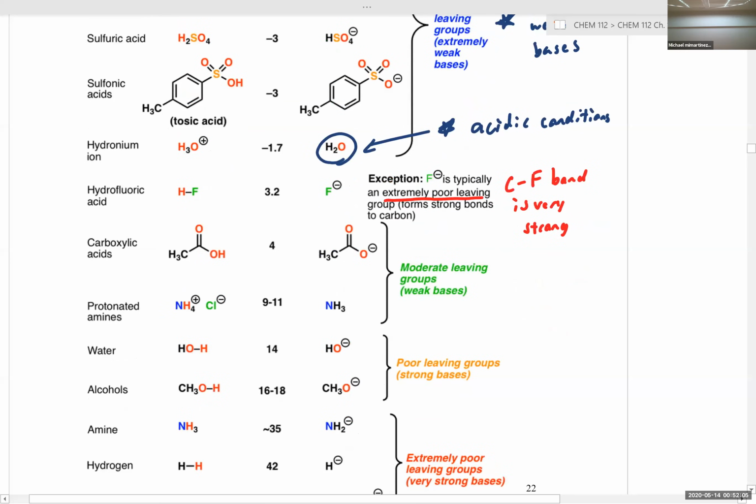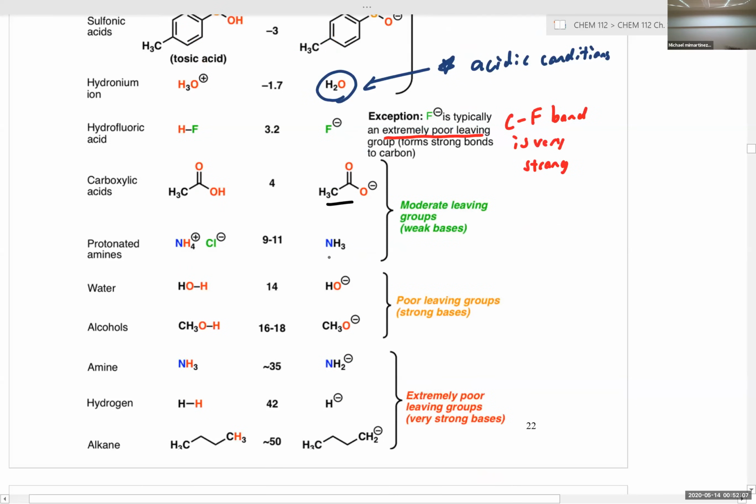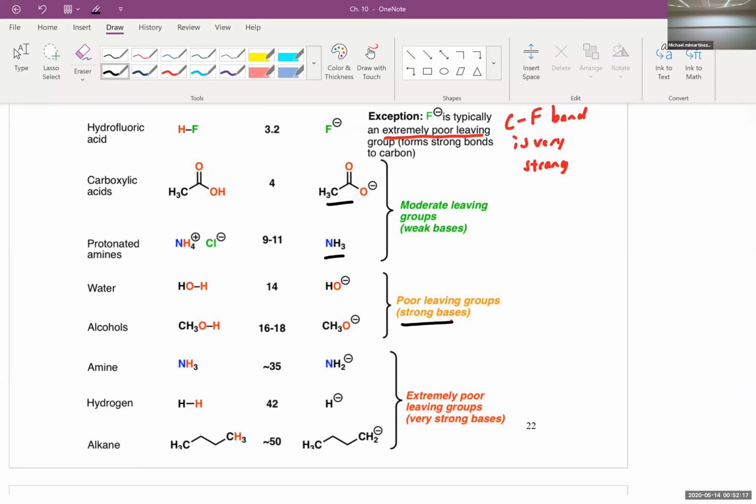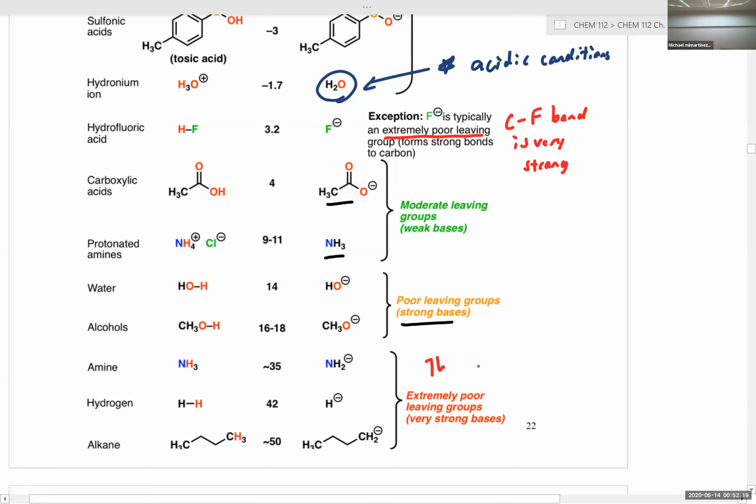Now, in terms of your moderate leaving groups, you have your acetate and your ammonia. Your poor leaving groups are strong bases. And when you hear the word extremely poor leaving group, these almost never leave. So these extremely poor leaving groups will almost never leave.